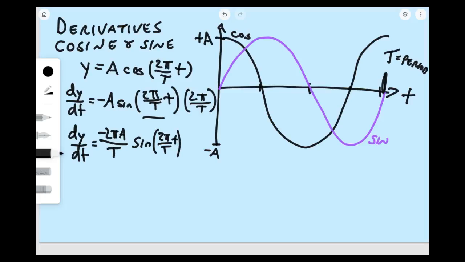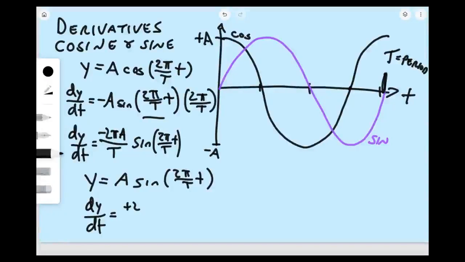In the same way, if we have y equals A times sine of 2 pi over the period T times t, then we can write the derivative as dy/dt equals positive 2 pi A over period times cosine of 2 pi over period times time.